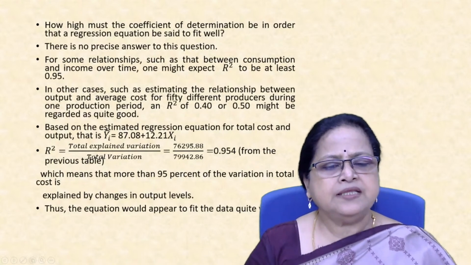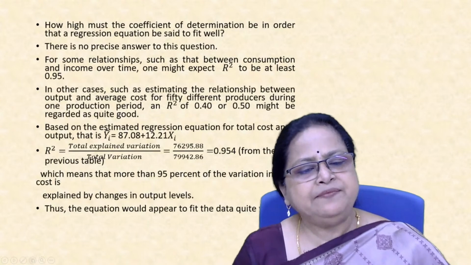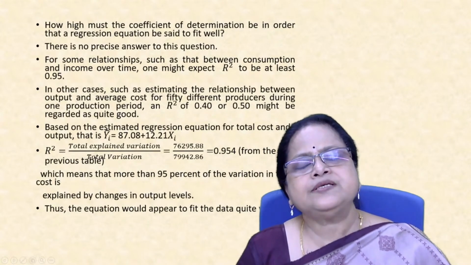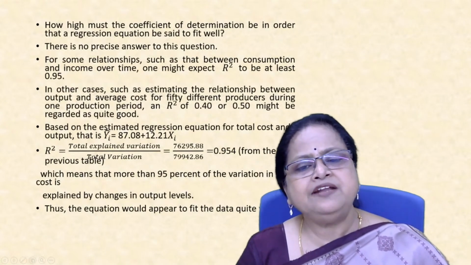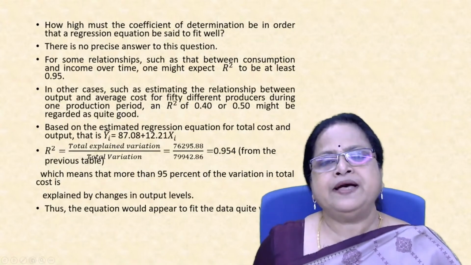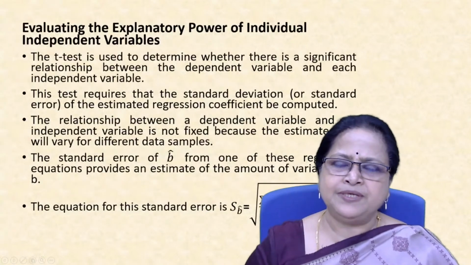So that means more than 95% of the variation in total cost can be explained by changes in output levels. Thus, the equation is a good fit, or the best fit you can say, because 95% of the variation can be explained due to variation in x. That is why it is one of the best fits.